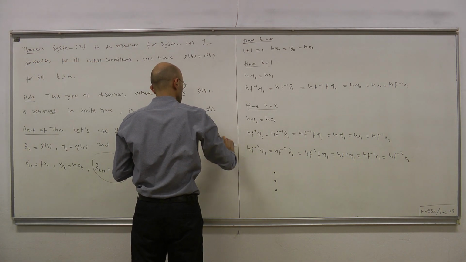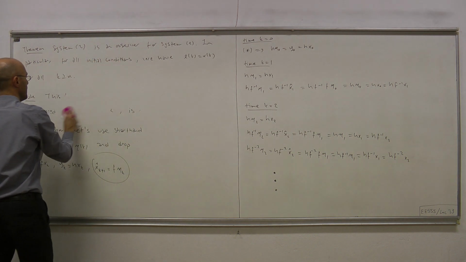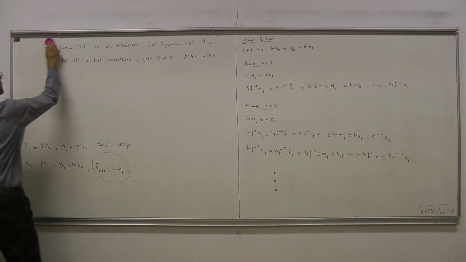By doing that, you reach the time k equals n minus 1. N is the order of the system.